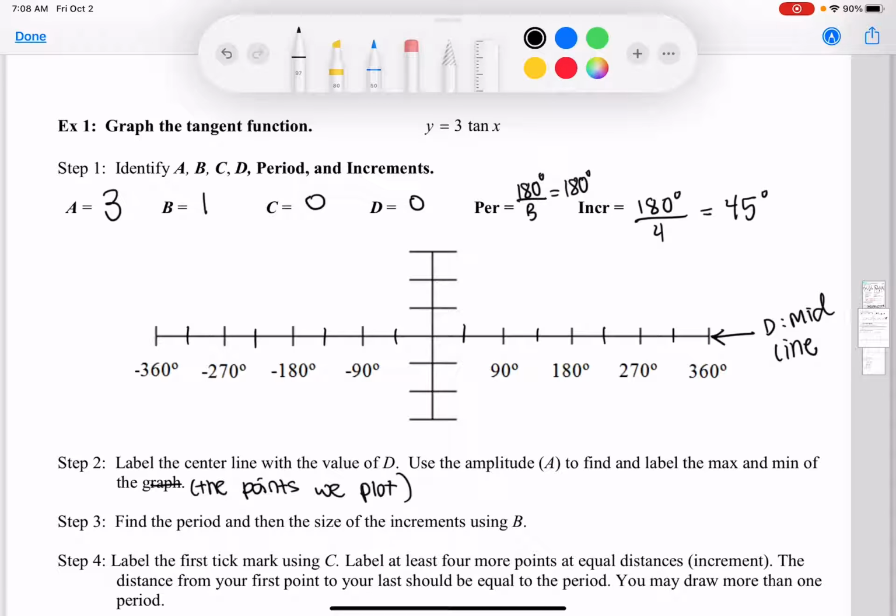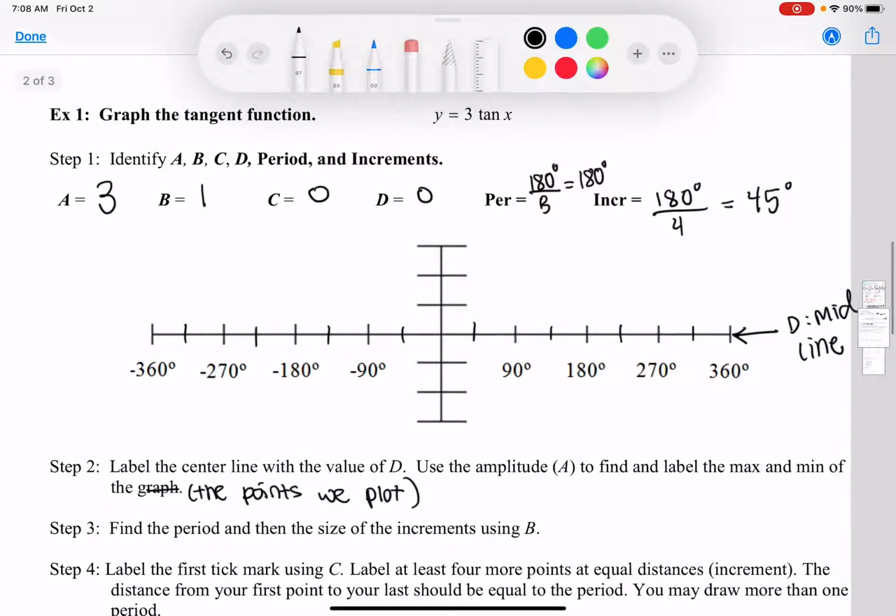Okay, so A is 3, and so that tells us 1, 2, 3, -1, -2, -3. So the top points will be at +3, and the bottom points are going to be at -3.